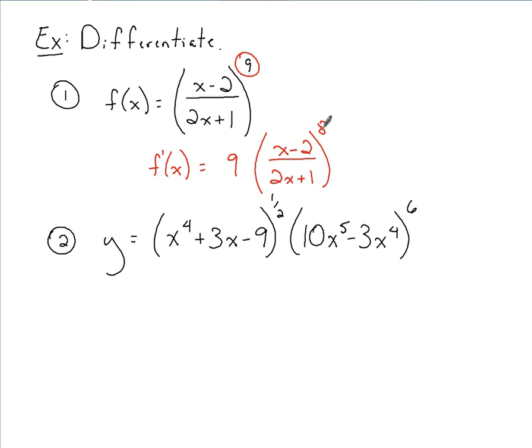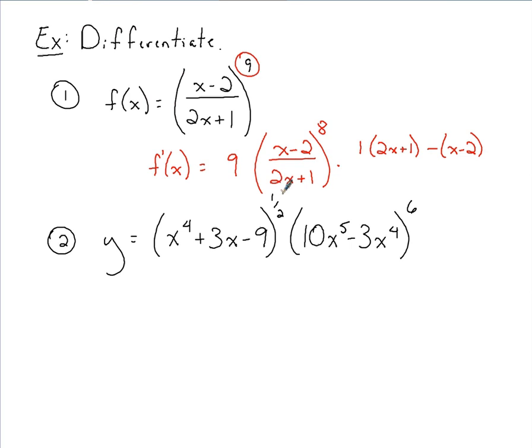Now where the extra part of the chain rule comes in here, we have to tack on to this the derivative of this inside portion. So since that inside portion is a quotient, we got to use the quotient rule. Using the quotient rule, I start with the derivative of x minus 2. Derivative of that is just going to be 1, right? 1 times bottom part here, unchanged, minus top part, unchanged, times derivative of the bottom.